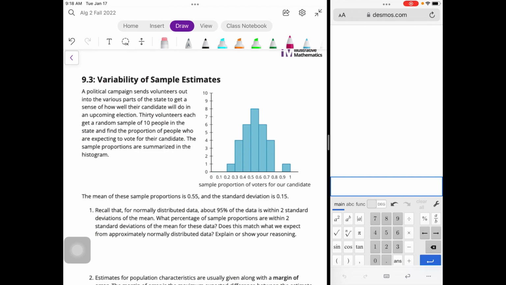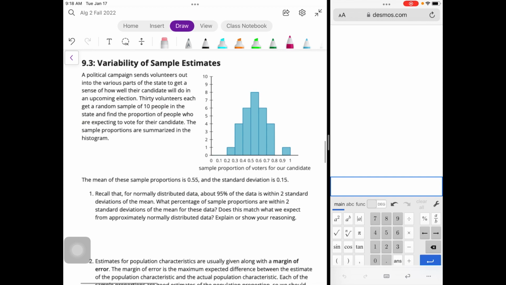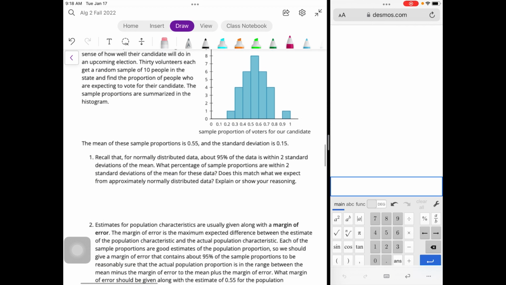The sample proportions are summarized in the histogram, and they already tell us that the mean of these sample proportions is 0.55, and the standard deviation is 0.15. So out of all of those samples, the mean is that 55% of the voters in each of the samples will vote for that candidate. And then the standard deviation was 0.15.